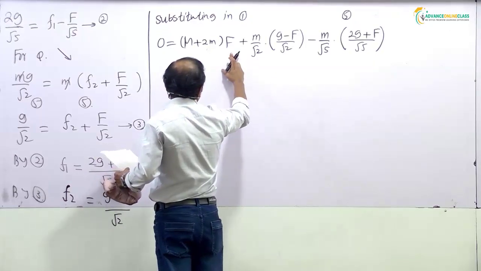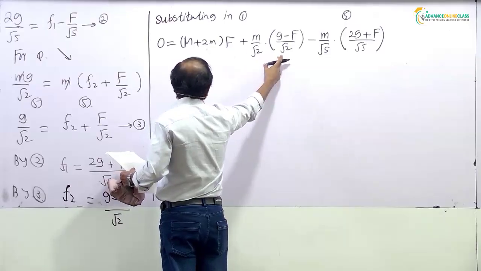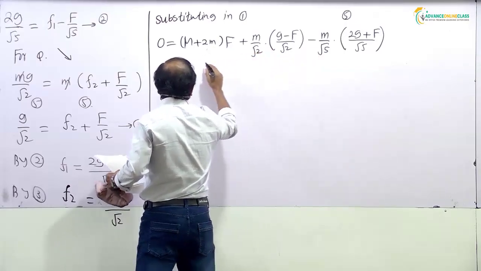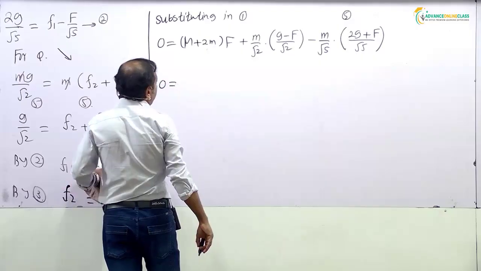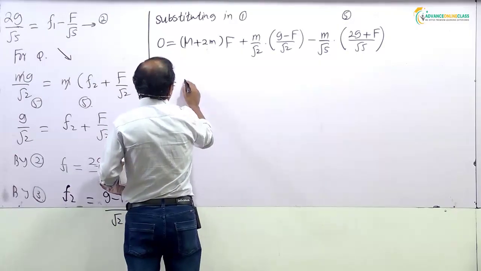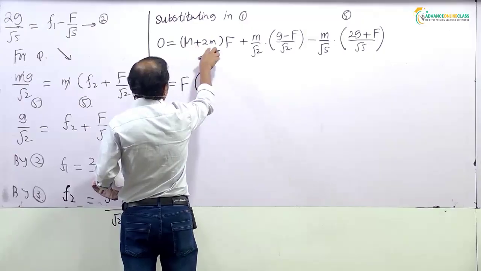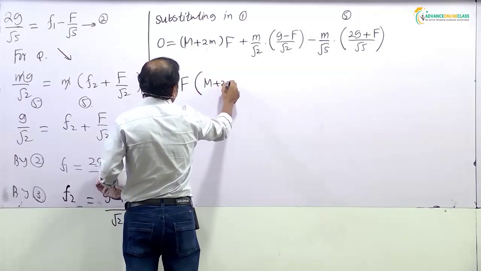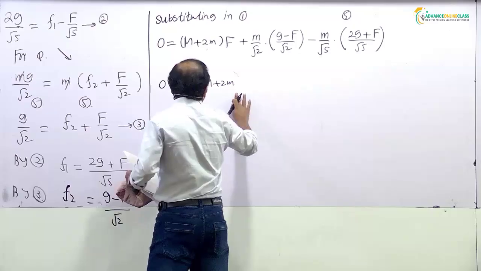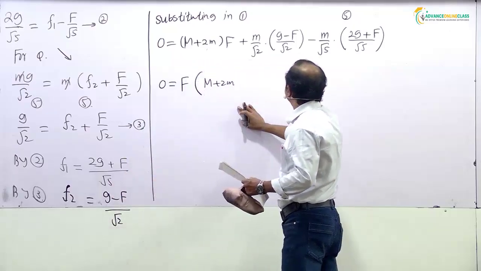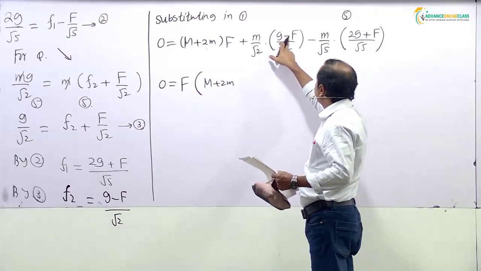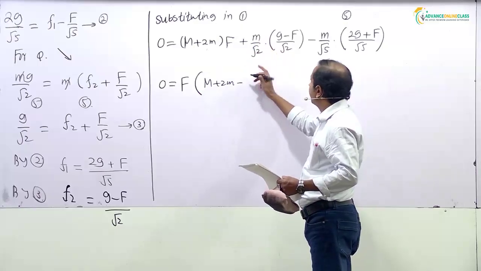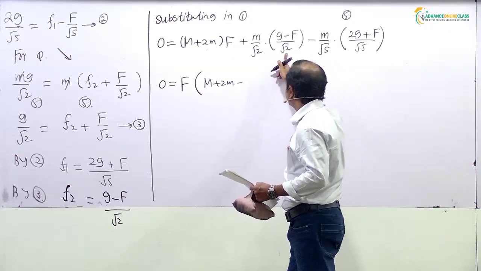You can take this root 2 to root 5, root 5. How to simplify this now? Yes. Take F out, m to m. Here we get minus plus minus root 2 to m by 2.